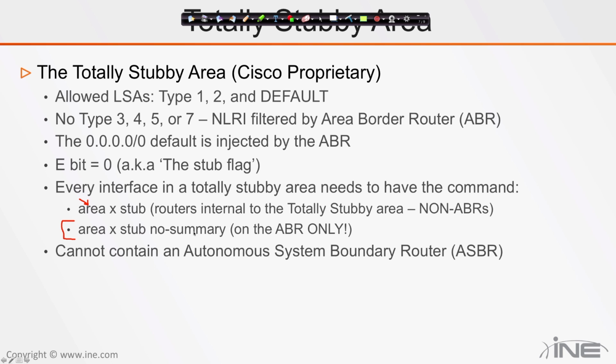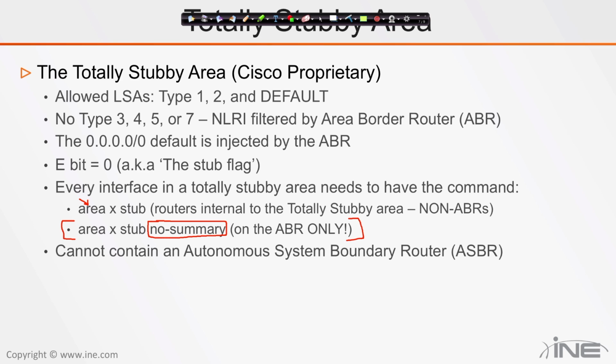But now we're talking about a totally stubby area. And totally, right, you can think of totally as meaning no summaries. So there are no type 3 LSAs that are going to end up in a totally stubby area, right? So no summaries referring to those type 3 LSAs. Now this command, this area 127 stub no summary, is only required on the ABR.